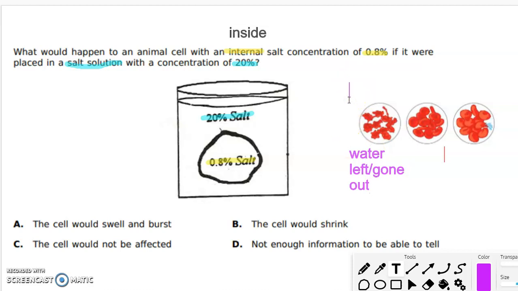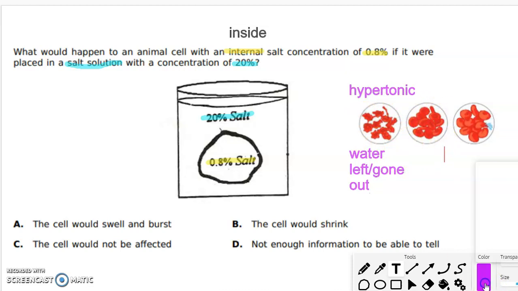And that is called a hypertonic solution. Remember, if you have hyper brothers or sisters and they come into your room, you tell them to get out. So in a hypertonic solution, the cells will lose water. Water's going to leave, and that causes them to look all small and shriveled.